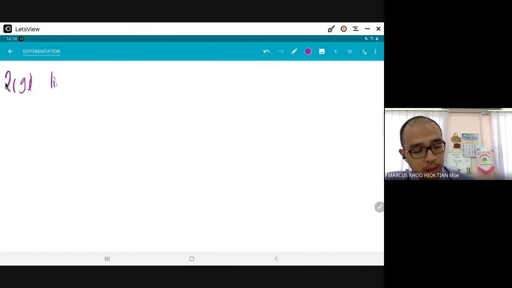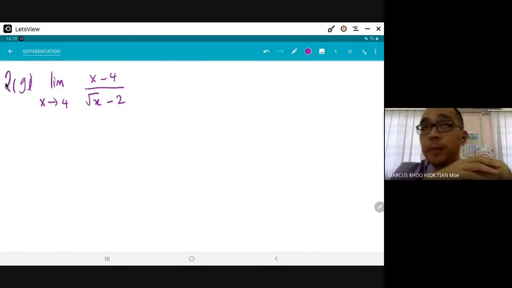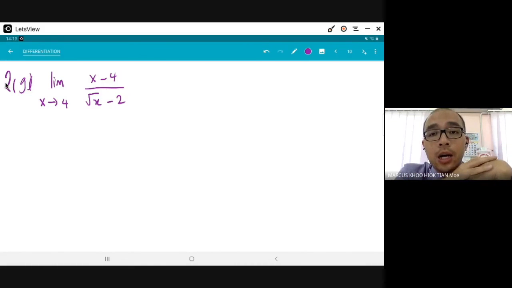So the limit of x approaching 4 of x minus 4 over square root of x minus 2. A good tip is, if you see this kind of question, most likely it will involve conjugation.